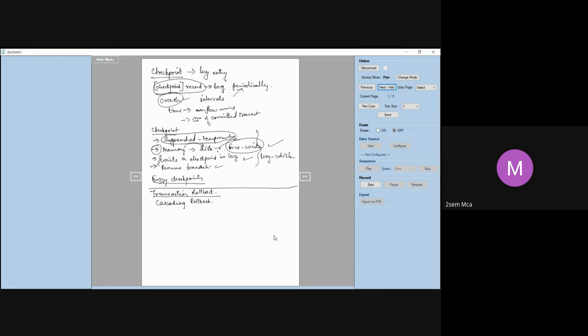Right. So I was talking about transaction rollback. Whenever a transaction fails, it could have failed for so many reasons. What are the reasons for failure? We have already seen that a couple of classes back when we started with transactions. We have catastrophic failures and non-catastrophic failures.